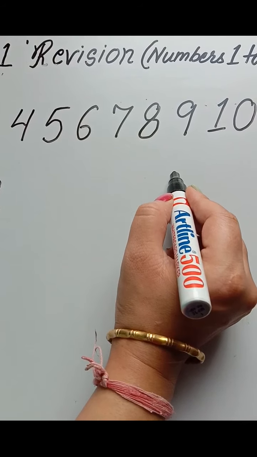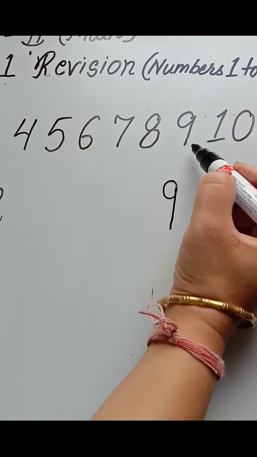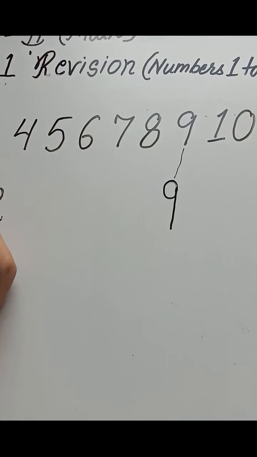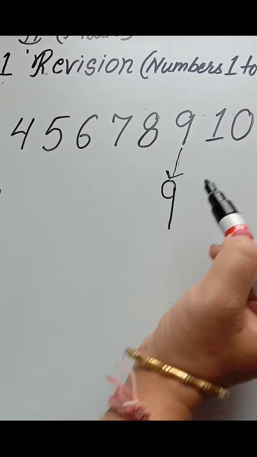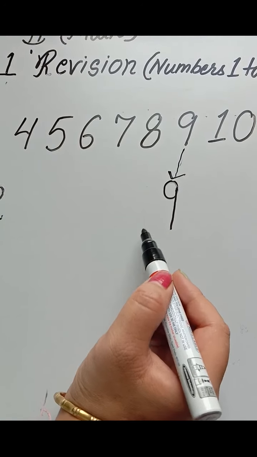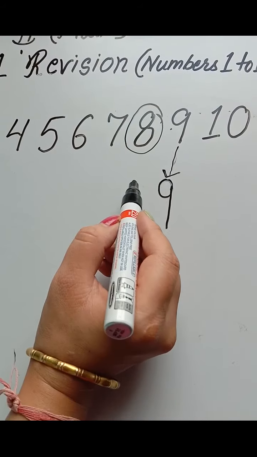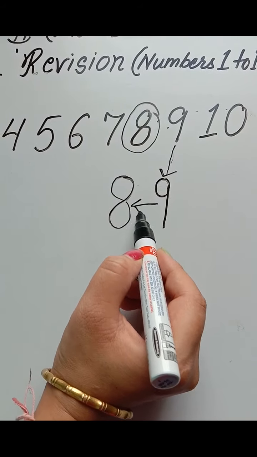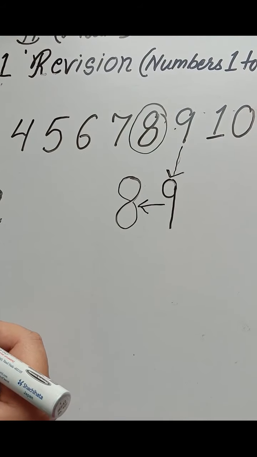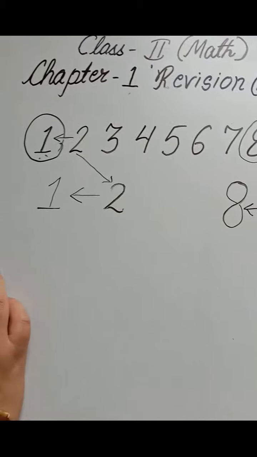Let's take an example of 9. In a series like 1 to 10, this is your 9, right? And what number will be just before it? It is 8. So the before number is 8. This is your before form.